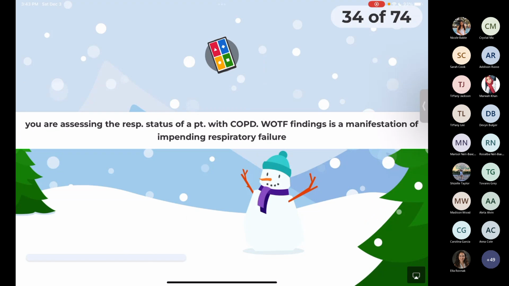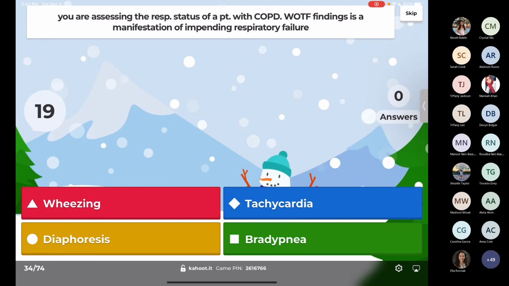You are assessing the respiratory status of a patient with COPD. Which of the following findings is a manifestation of impending respiratory failure?